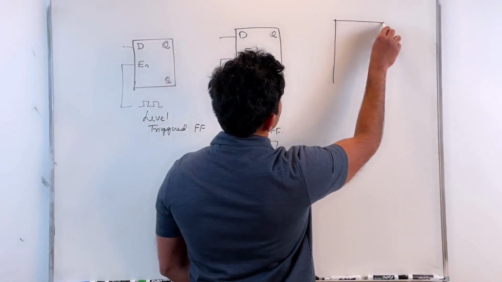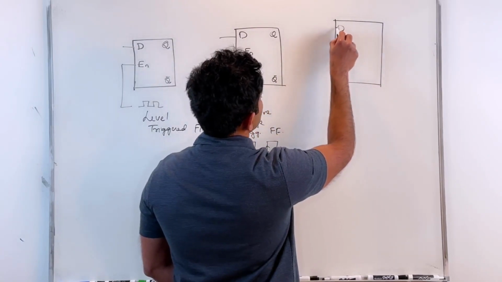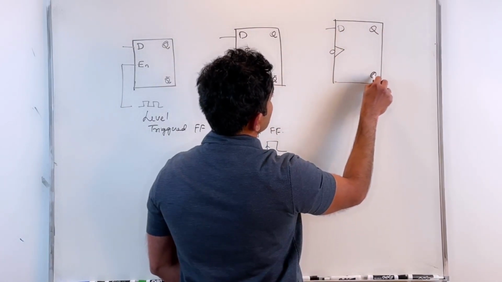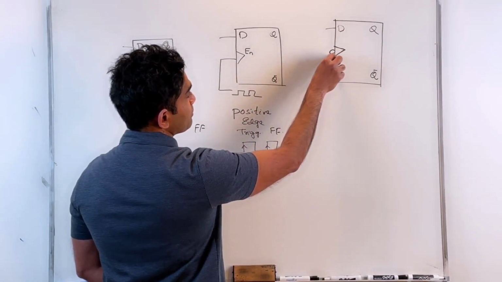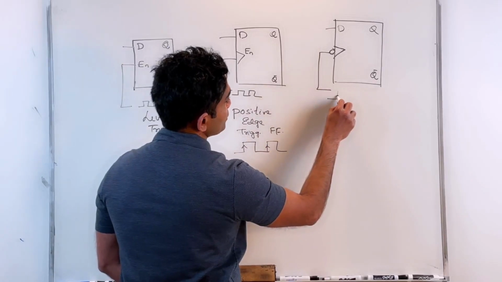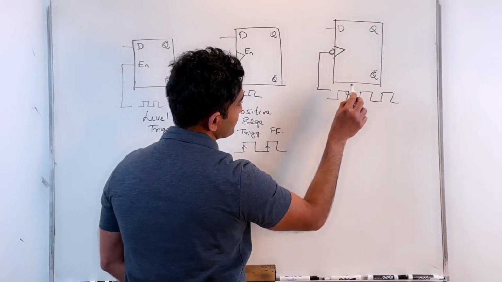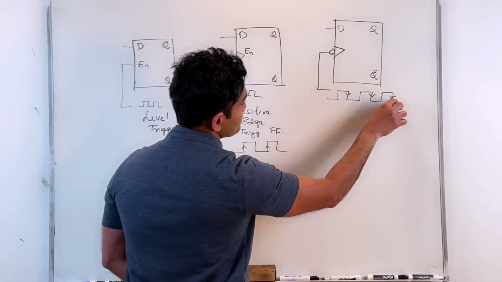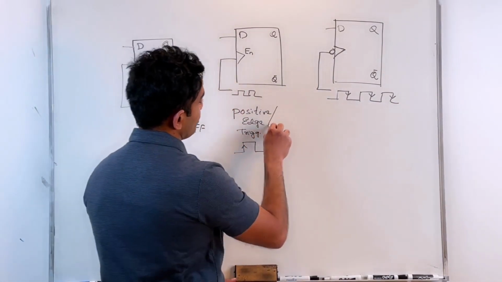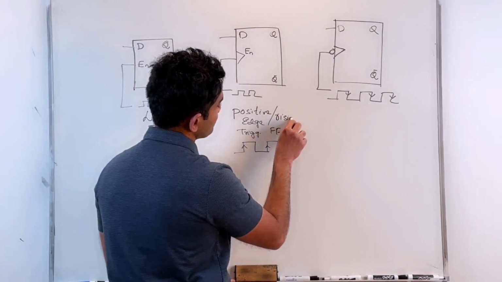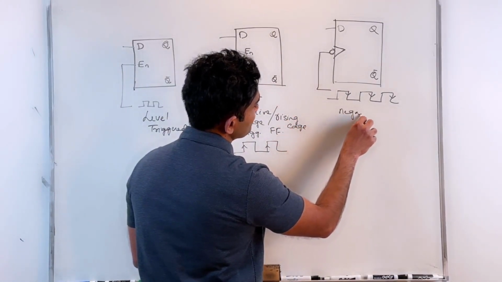We also have negative edge triggered flip-flop, which we derived last time. That is represented symbolically with a bubble. The edge symbol and the bubble symbol represents that this is a negative edge triggered flip-flop. In this case, this flip-flop is getting triggered on the negative edges or the falling edges. We can call it positive edge or rising edge.